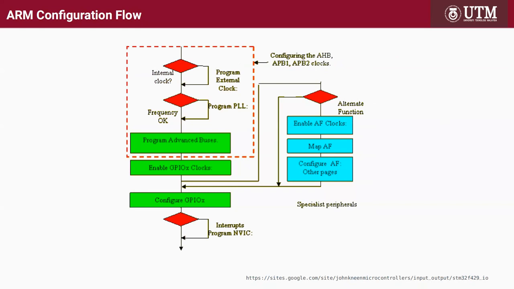So if you want to create a blinky, you just write the blinky code. You don't have to do anything. If you need 5 instructions to do blinking, your first program will be those 5 instructions, and there's nothing to configure. But on the ARM, no, you cannot do that.